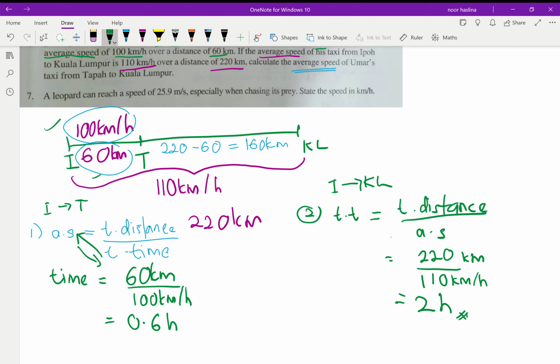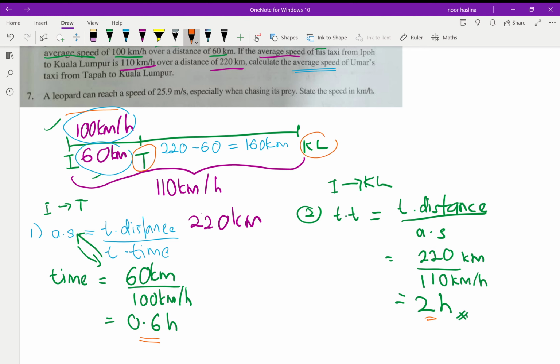So the question asks about the average speed of Umar's taxi from Tapah to Kuala Lumpur. You can see here from Ipoh to Tapah is 0.6, and from Ipoh to Kuala Lumpur is 2 hours. So what is the time taken, how many hours did he drive from Tapah to Kuala Lumpur?